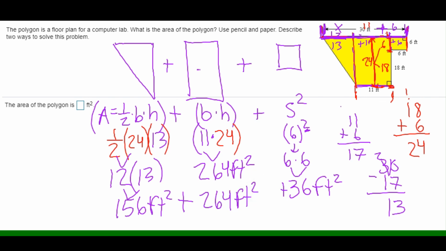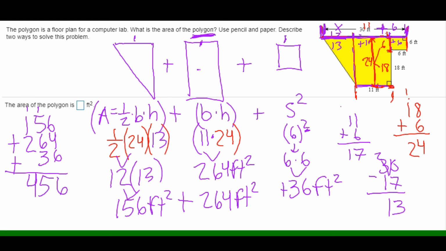And then if I want to find the area of all of them together, because all of them together made the polygon, I would have to add the area of each one individually, which is 156 feet squared plus 264 feet squared plus 36 feet squared, which is 456.